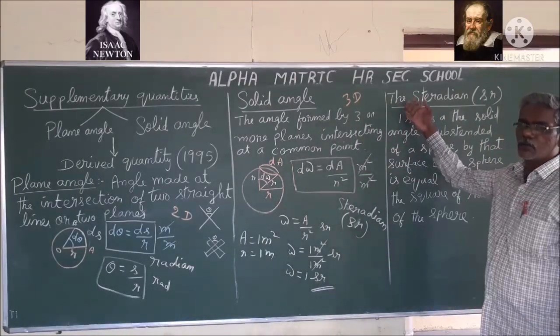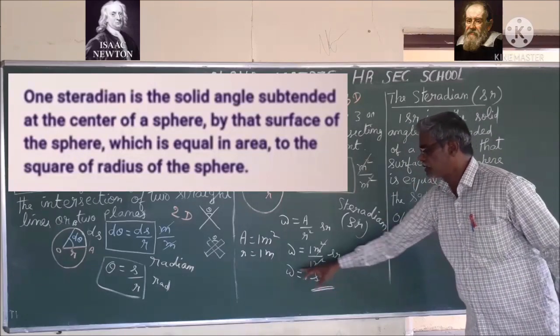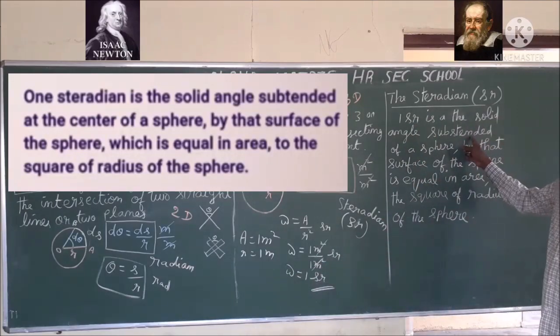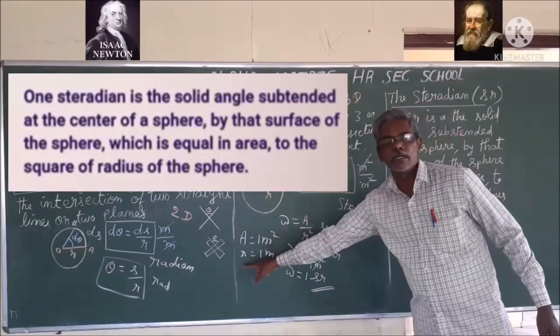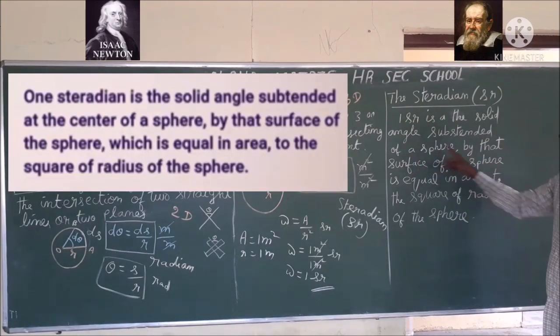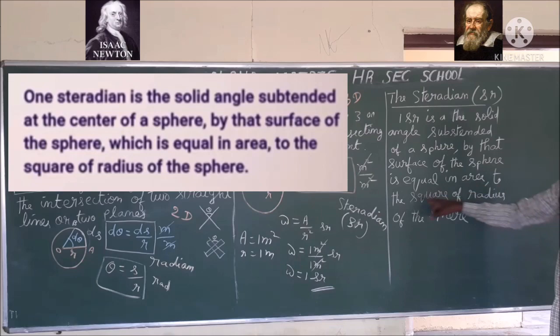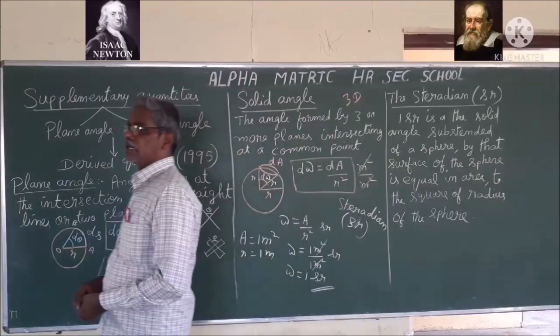Now you see the definition of 1 steradian. 1 steradian is the angle subtended at the center of a sphere by a surface of the sphere whose area is equal to the square of the radius. This is the definition of steradian.